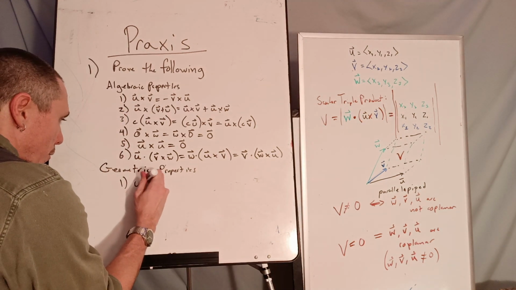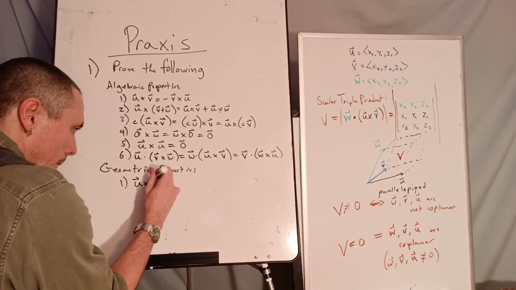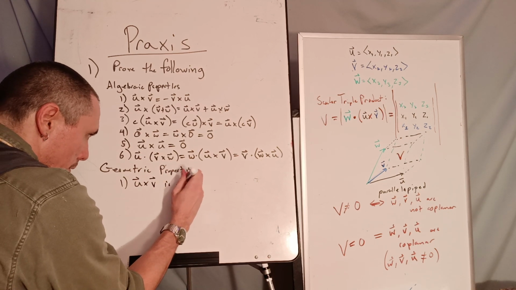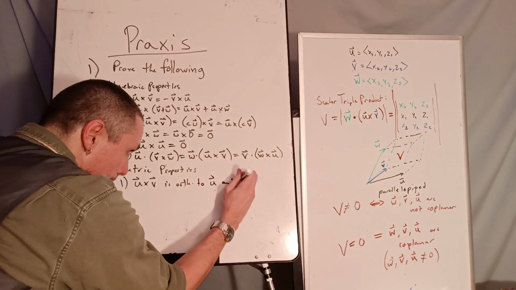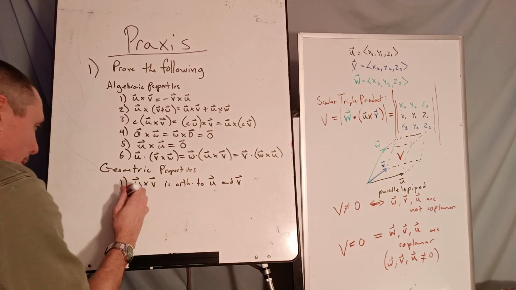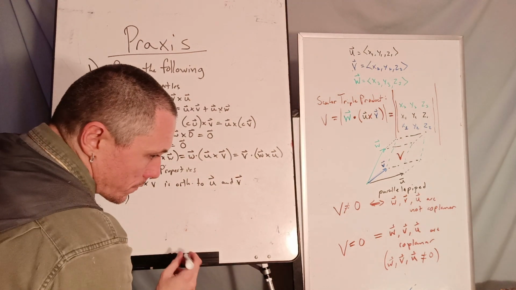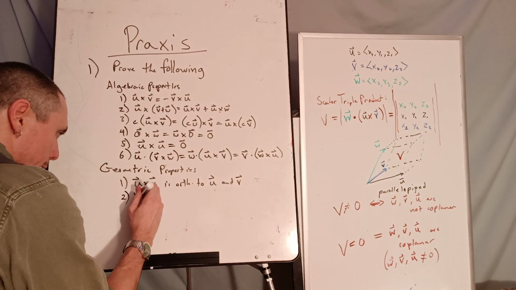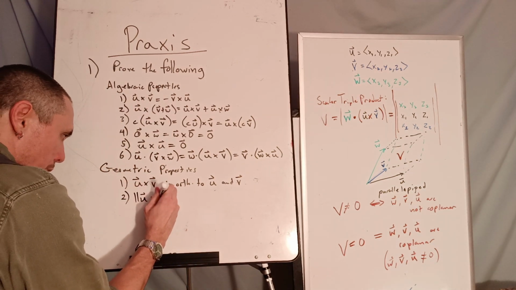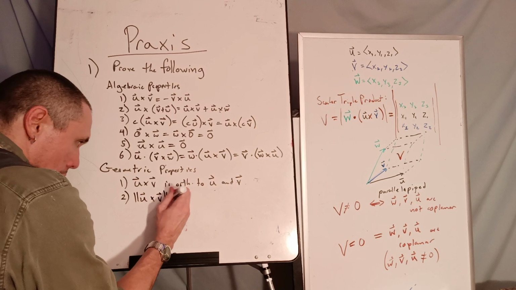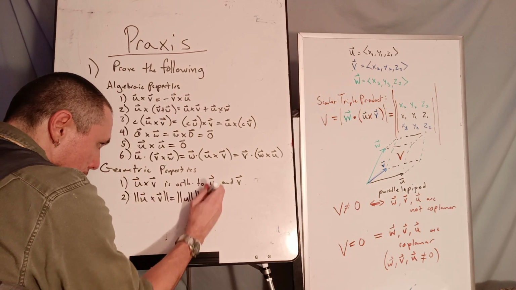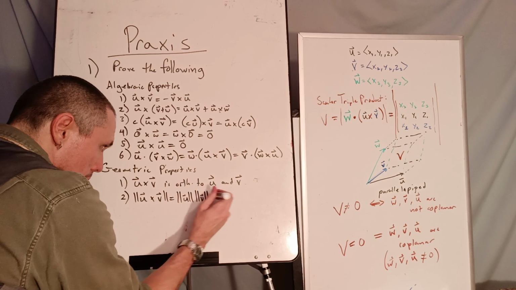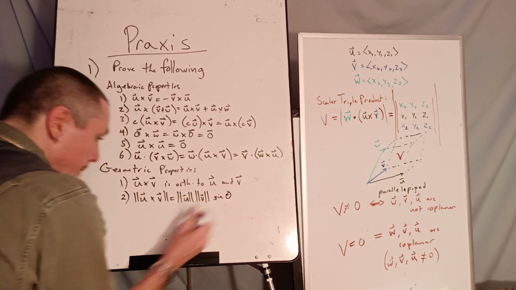So U cross V is orthogonal to U and V. Number 2, and this one we proved already, the magnitude of the cross product is equal to the product of the magnitudes times the sine of the angle between them.